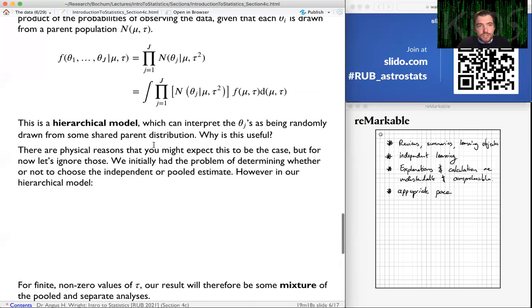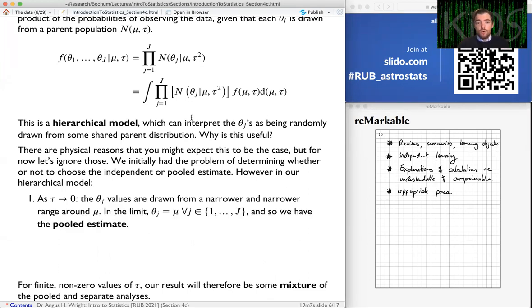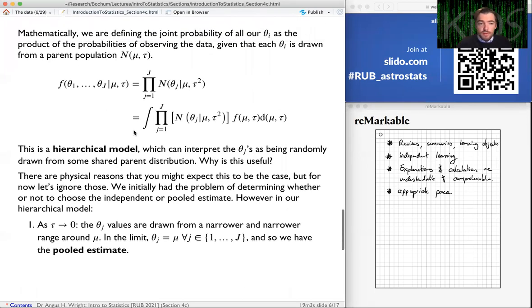There are a couple of reasons why this model is superior to the two models that we looked at previously. One of them is that you might expect the model I just described to be more realistic, but let's ignore that for a second. The main reason this is a particularly useful model is because of tau. What happens when tau equals zero?